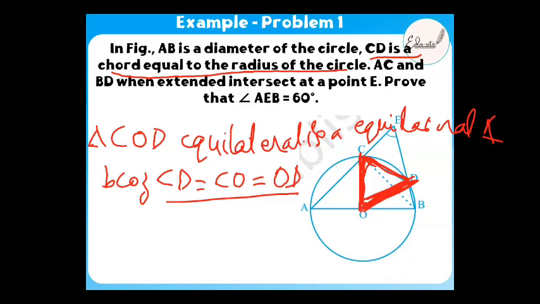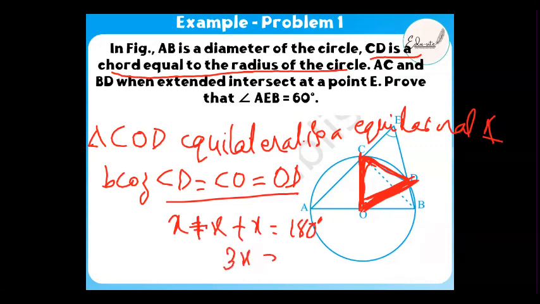For example, if you consider one angle as x, all angles are equal, so x plus x plus x is equal to 180 degrees. 3x is equal to 180 degrees. What is x equal to? 60 degrees. So all the angles in this equilateral triangle will be 60 degrees, 60 degrees, 60 degrees.